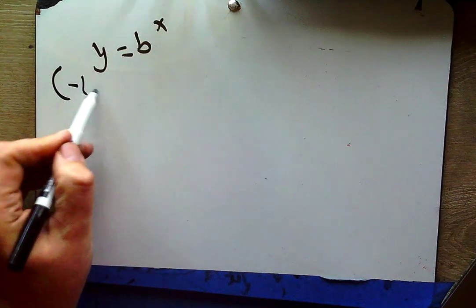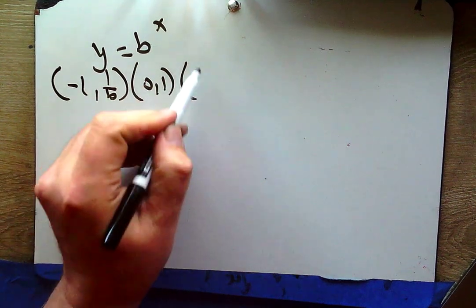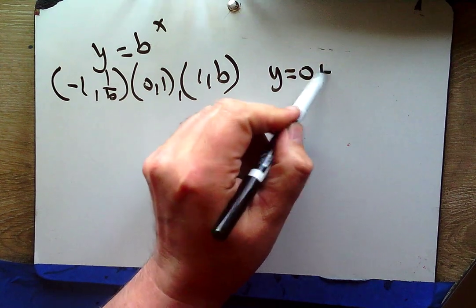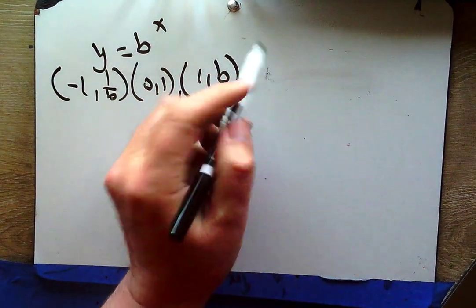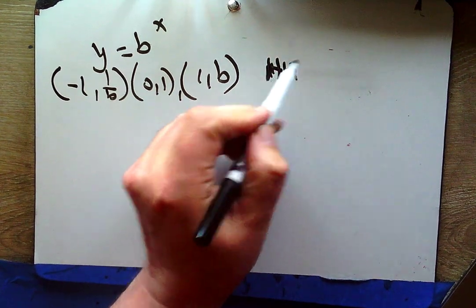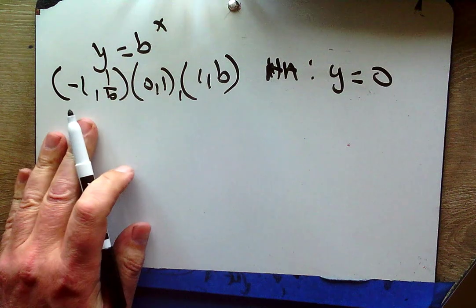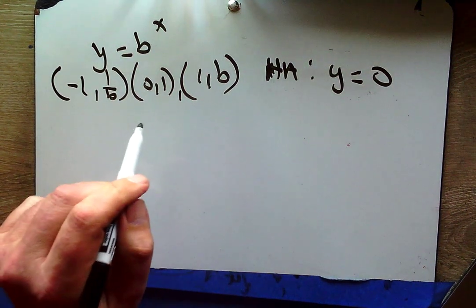Did you say (-1, 1/b), (0, 1), (1, b), and y equals 0, the horizontal asymptote? In fact, I want to write horizontal asymptote, y equals 0. Yeah, nice, good.